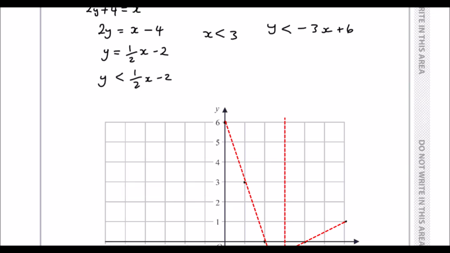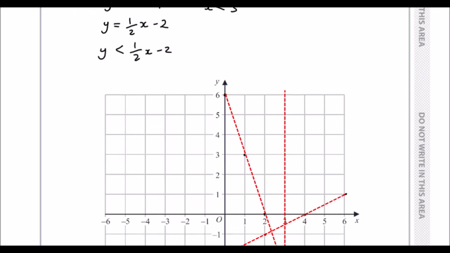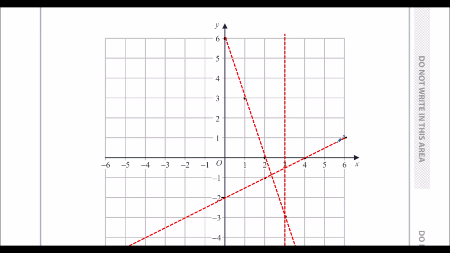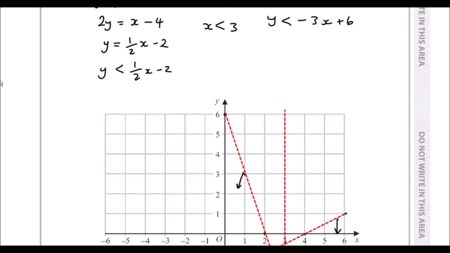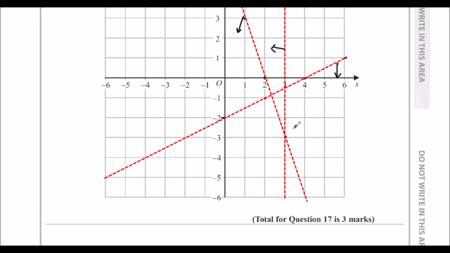So that means y is underneath. We want below the lines. So that's down for this one, and x is less than 3. That's to the left. So where is this region? Below both the lines, and to the left of this one, this is our region over here.